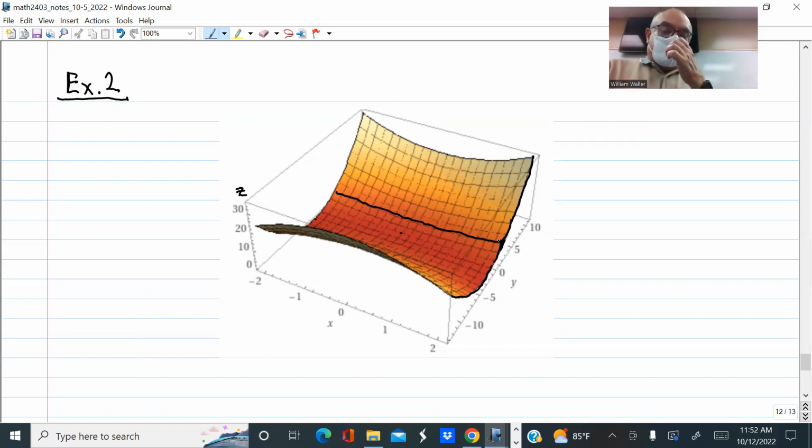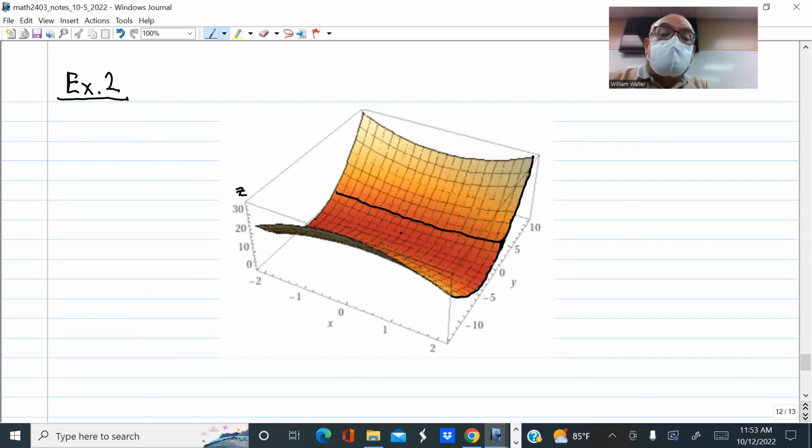Now, once you have established that curve, then you can ask calculus questions about that curve. For instance, you can ask about the slope of this curve as you're moving from left to right along the x values, or from right to left, if you want to think of it that way. That curve has a slope, and the slope of that curve, the direction of that curve, can also tell you about the direction of the surface, because the curve is embedded in the surface.